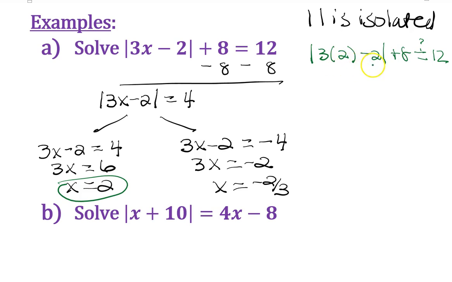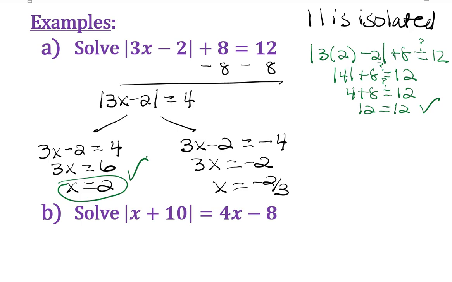Inside those absolute value signs, we get 4 when we do all of that multiplication and subtraction. So we have the absolute value of 4 plus 8. The absolute value of 4 is 4. So 4 plus 8 gives us 12, and 12 equals 12. So that checks. We should probably put question marks up above those. That checks, which means that x equals 2 is the solution.